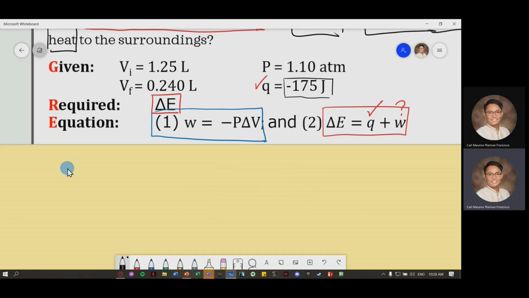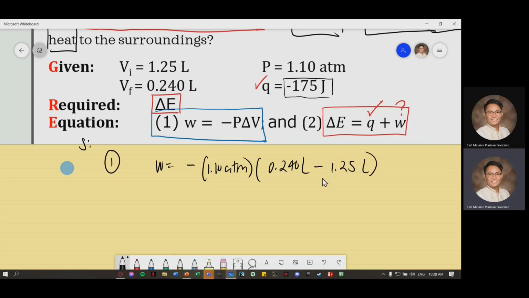So inahin natin yung equation number 1. Okay, so solution. So work is equal to negative 1.10 atmosphere times change in V, 0.240 liters minus 1.25 liters.